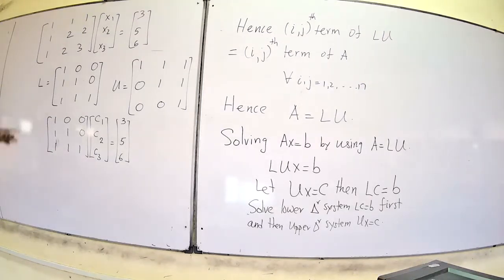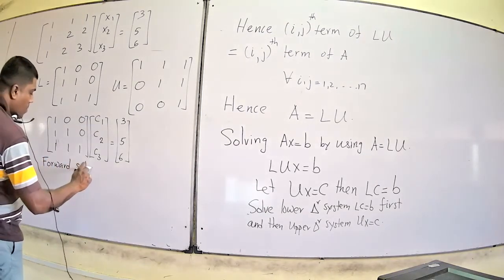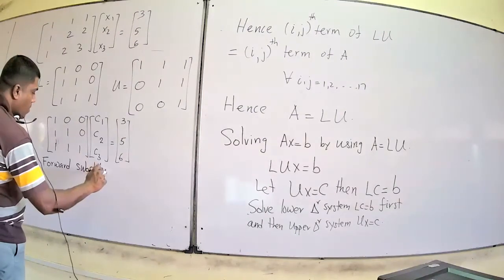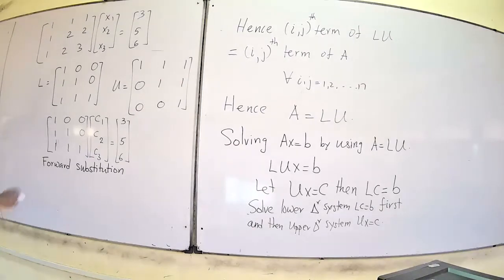Here you can start solving from the first equation. This is called the forward substitution method. You start from the first equation. First equation gives you C1 is equal to 3.